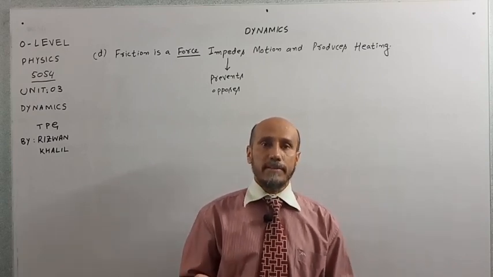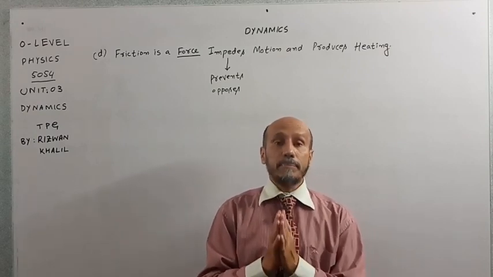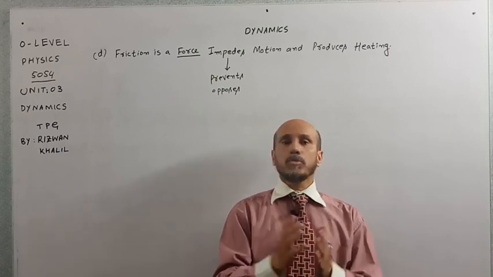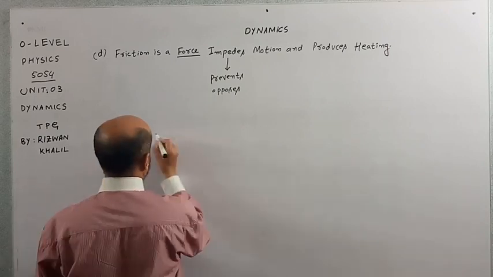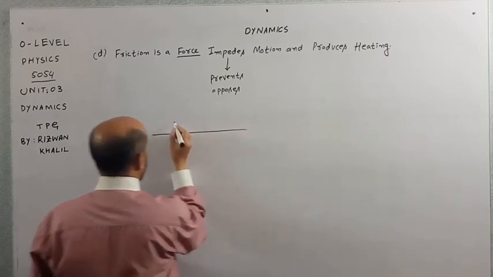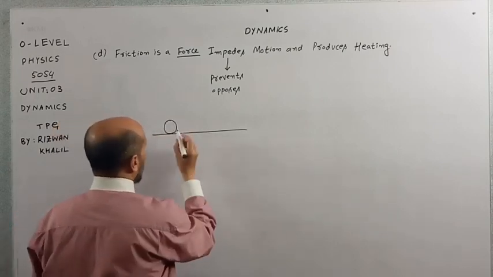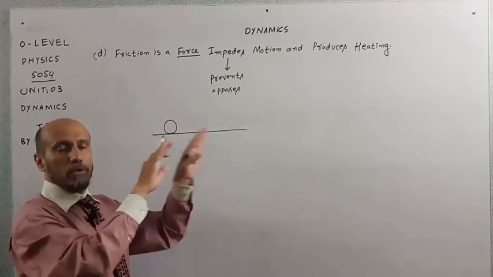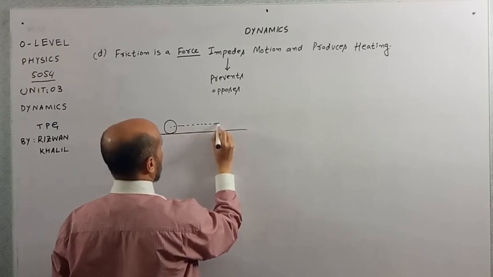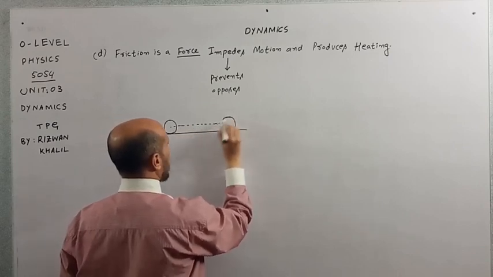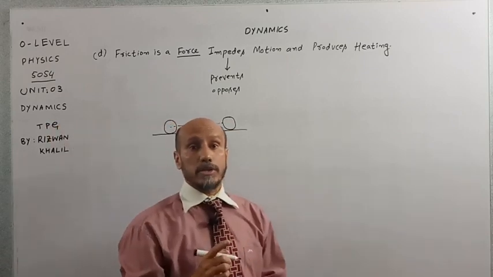We cannot stop ourselves. So friction produces heat and it prevents motion. How does it prevent motion? Let's suppose we roll a ball on the surface of earth. As soon as we push or roll the ball, it will cover some distance, and after covering a particular distance, it comes to a state of rest. Why does it come to rest? It is due to friction.